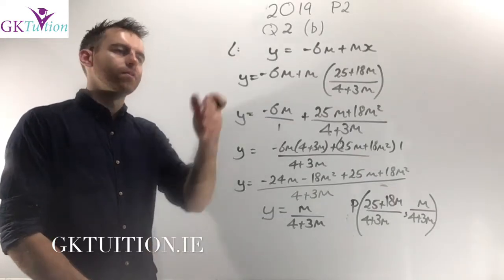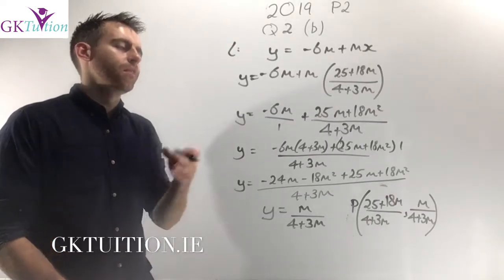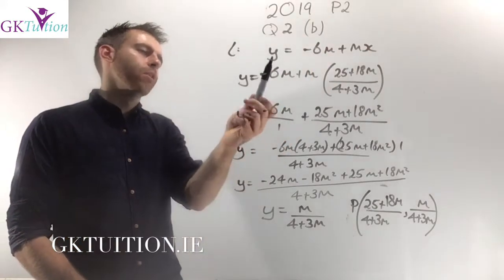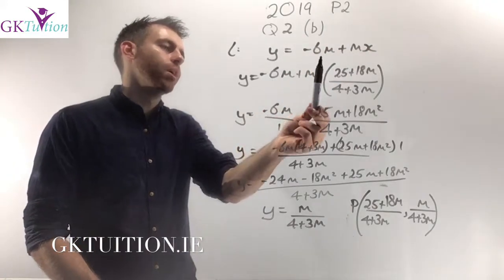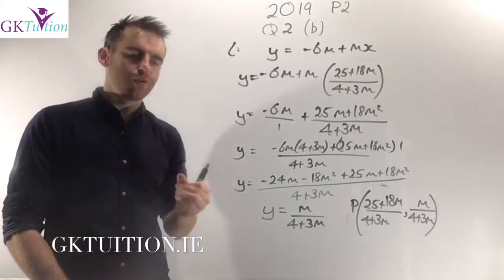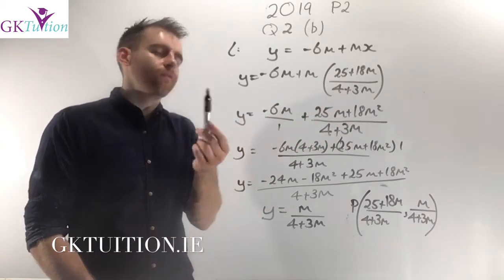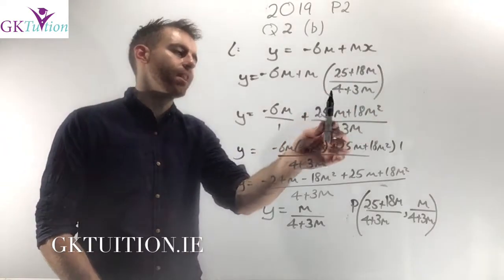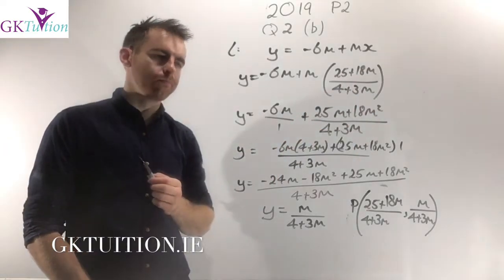Okay, so what I've done is I've taken the equation of L and I've subbed in my value for x. In B part 1, I worked out that y is equal to minus 6m plus mx. That's the equation of L. I now want to find the value of y for which x is 25 plus 18m over 4 plus 3m.